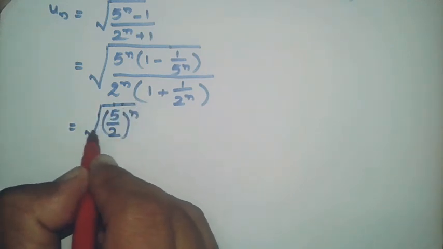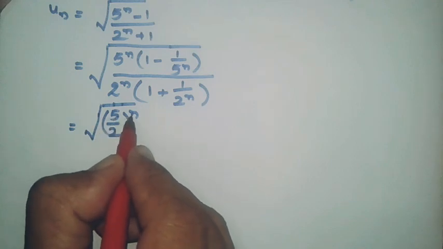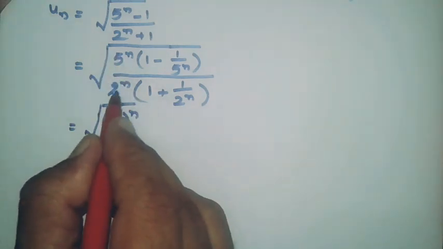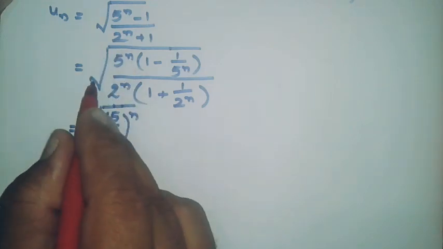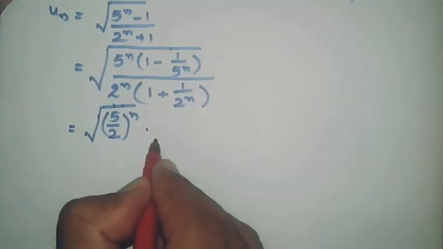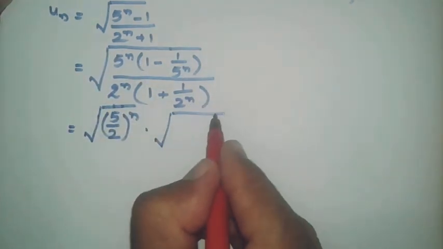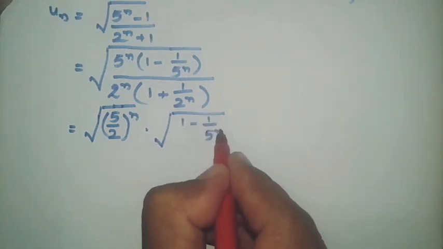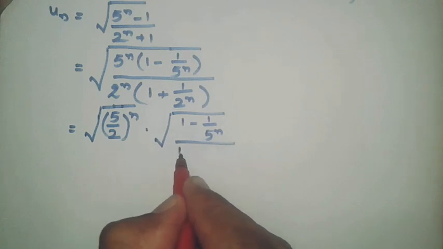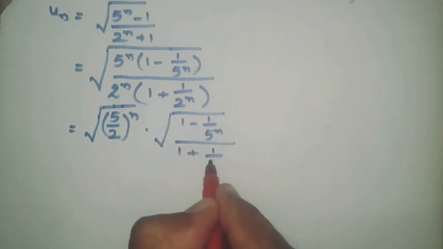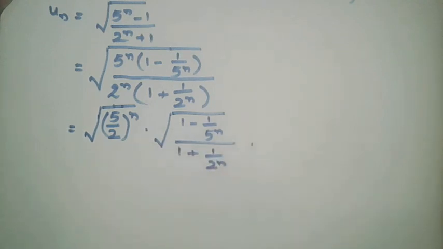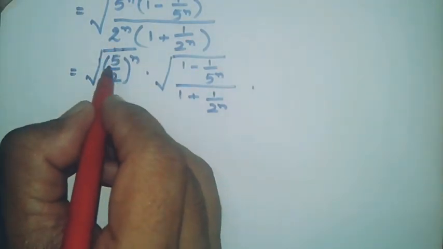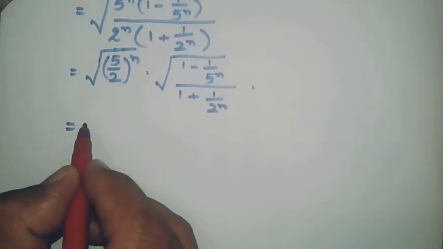What we have considered, 5 by 2 whole to the power of n, is for this particular portion. The remaining portion is as it is: square root of 1 minus 1 by 5 to the power n divided by 1 plus 1 by 2 to the power n. Now again we have to simplify this as per our requirement.